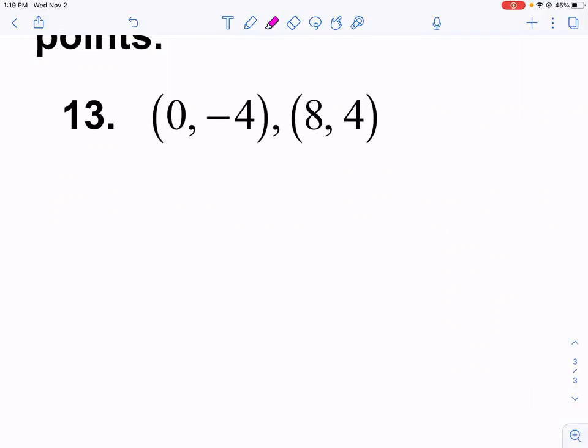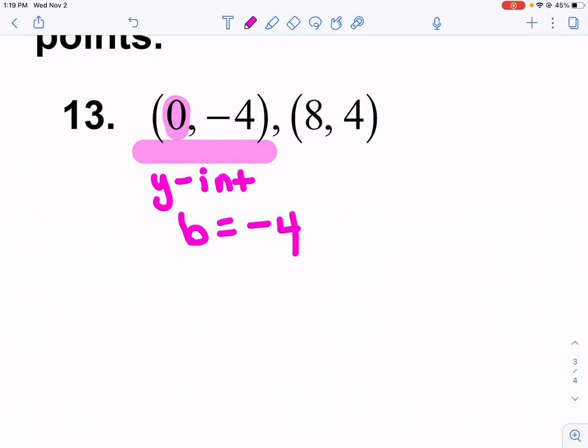But there's something special about one of these points. Oh, this guy right here. So what's true about this point? This is our y-intercept. So what's b? So b is -4.